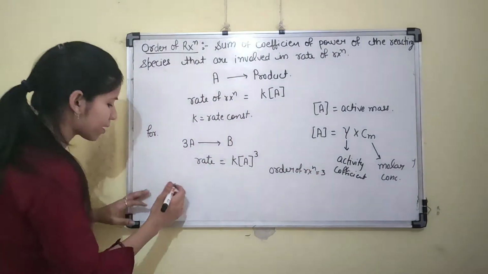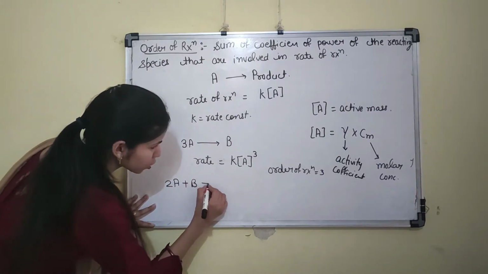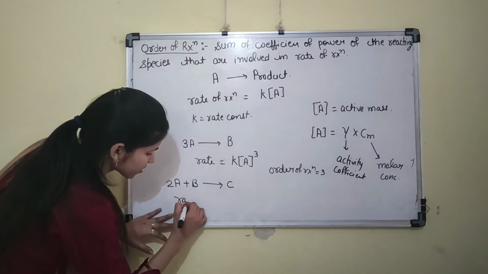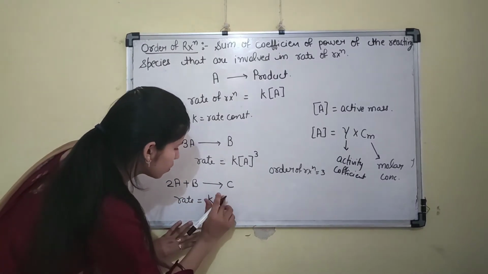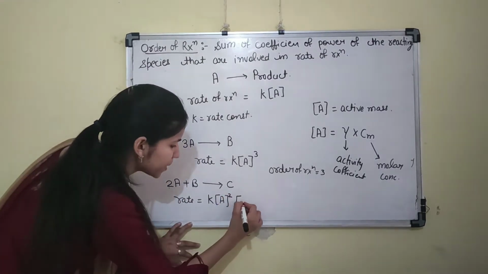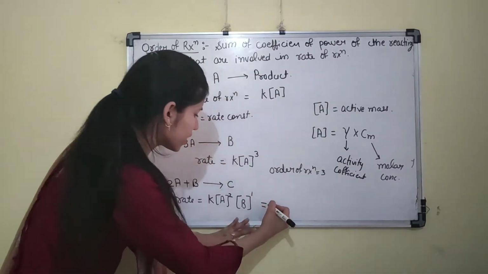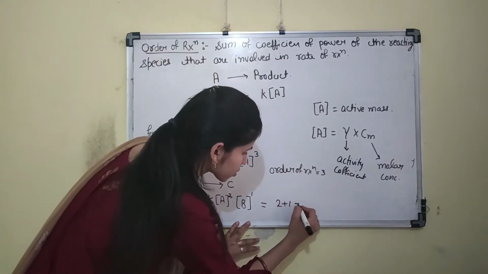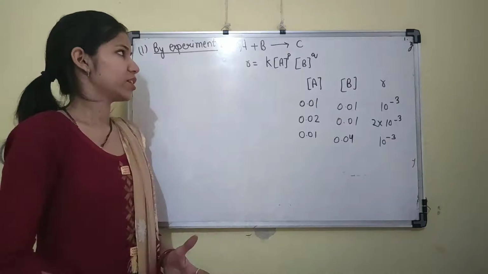The next example is 2A plus B gives C. The rate of reaction is K into A raised to the power 2 and B raised to the power 1. So the order is 2 plus 1, which equals 3. So the order is 3.